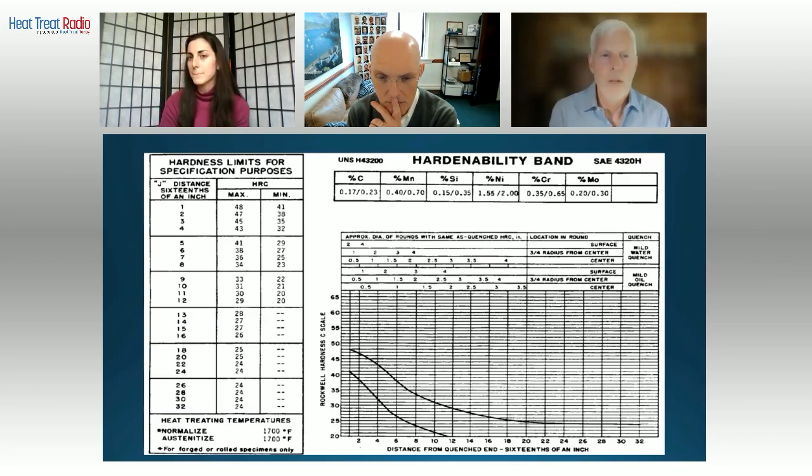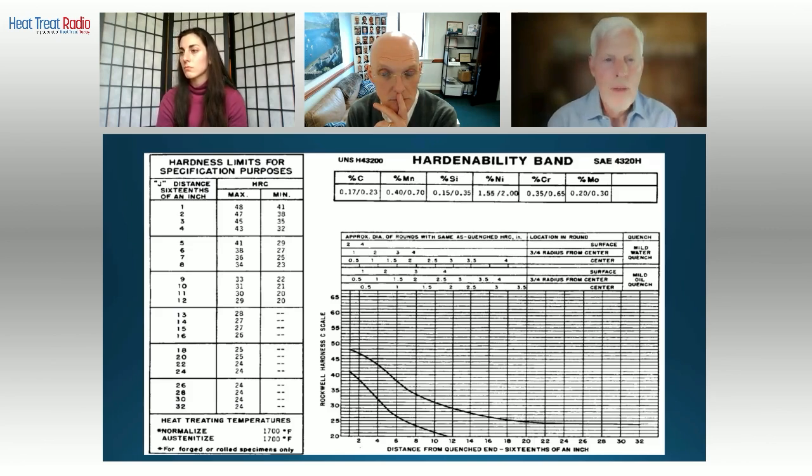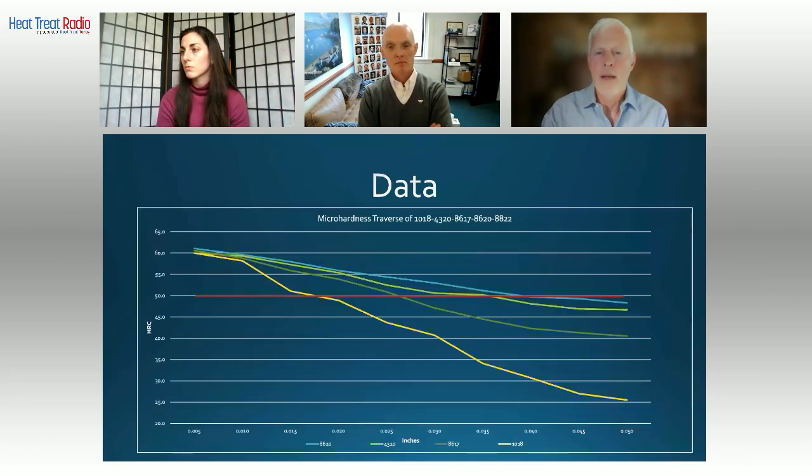So if we look in the chart at J3, you can see what the range in hardness would be. That means that at the lower end of the chemistry composition, we could have a core hardness as low as 35, and at the upper end of the chemistry composition, we could have a core hardness as high as 45. Let's go back and just visit that data.